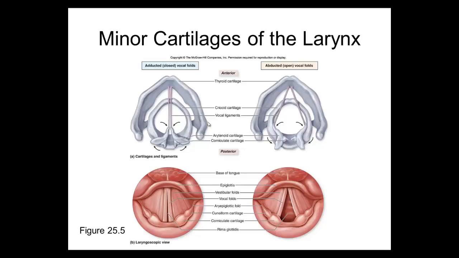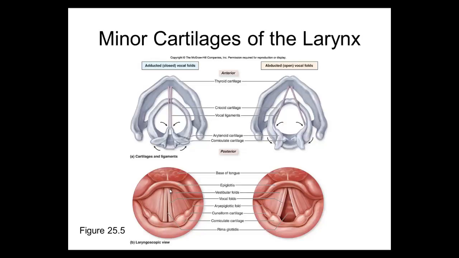Don't think that air will pass through this wide area, because in real life it is blocked by a fold. We call that the vestibular fold, which is not a true vocal cord. It's a false vocal cord.